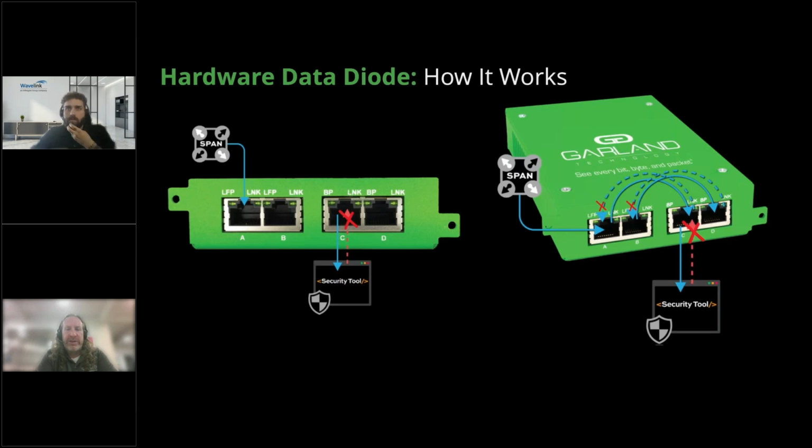Unmanaged, we can support 10 meg, 100 meg, 1 gig copper, 100 base FX and LX, 10 gig, and within some government agencies as well. We actually have a 100 gigabit data diode as well, which we generally don't see in the OT environments, but we do handle all the different speeds and media types for these types of products.